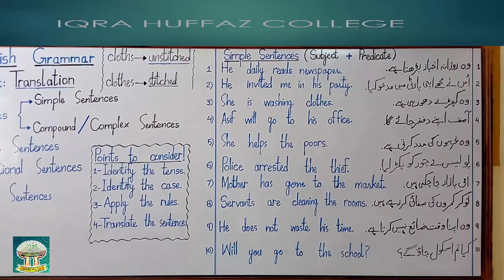अम्मी बाजार जा चुकी हैं. अम्मी बाजार जा चुकी हैं. Apply the same rules. Identify the tense first. अम्मी बाजार जा चुकी हैं. Yes, it sounds like present perfect. Very correct. We use has or have as auxiliary verb in present perfect with past participle form of verb, which means third form of verb.